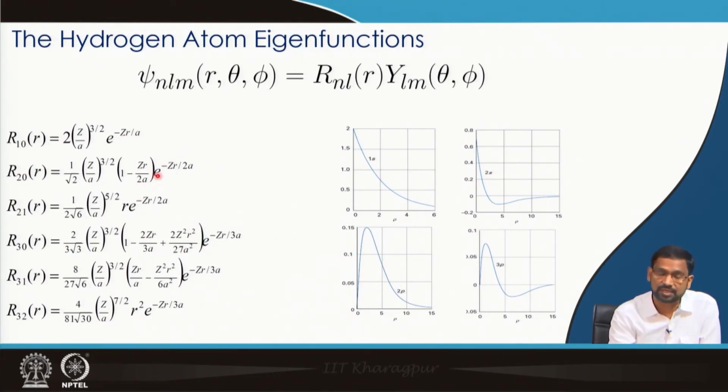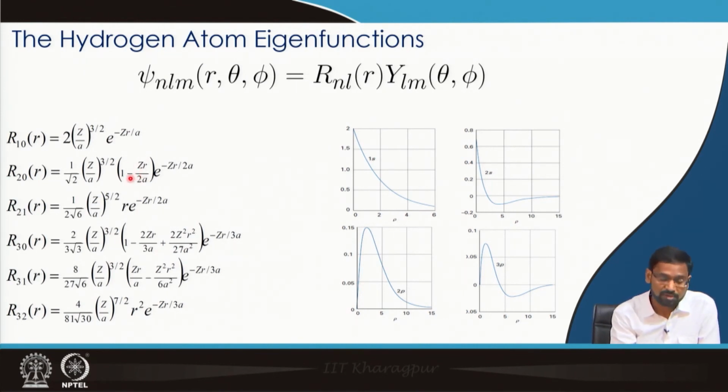Apart from this exponentially decaying function, we have this polynomial. We are not introducing it here, but we can actually use the Laguerre polynomials to describe the hydrogen atom's solution. This polynomial you can see is a first order polynomial.